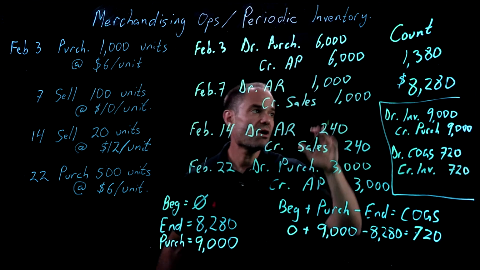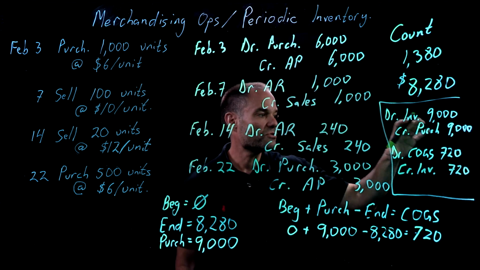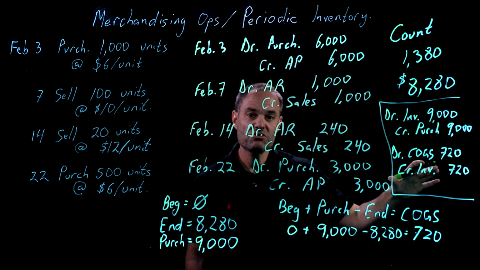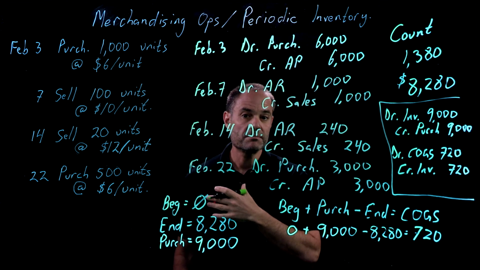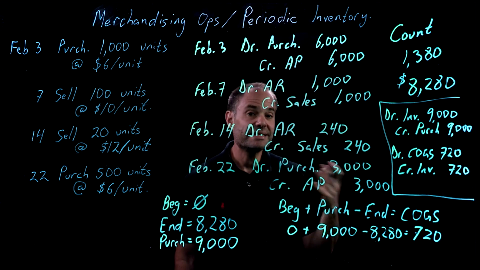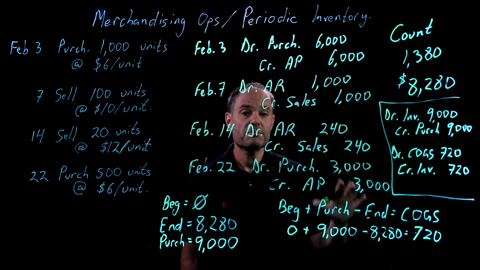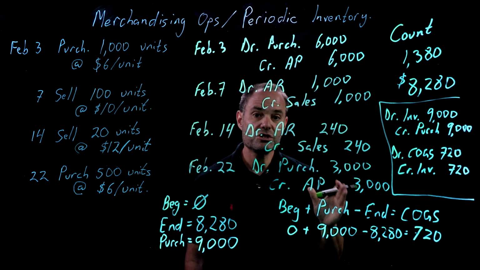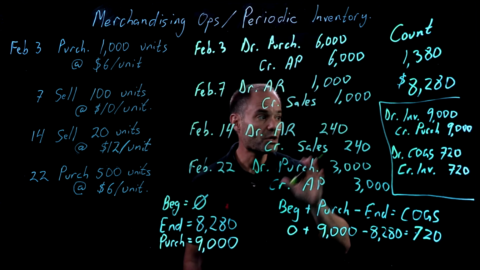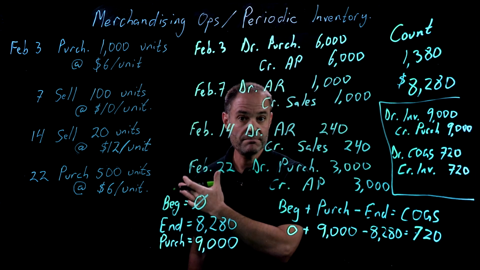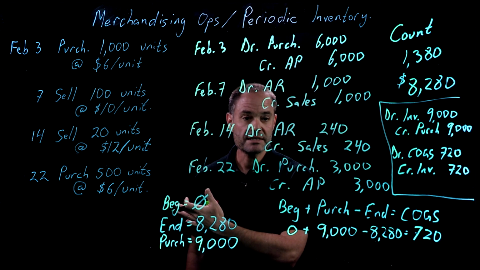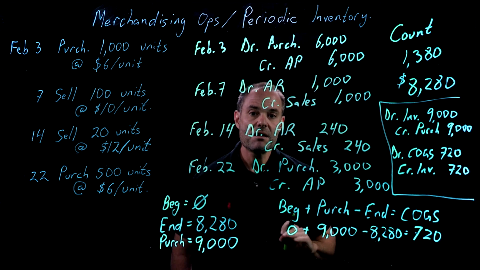And if you go through the process, and I'll leave that to you, do T accounts for these transactions, as well as the ones from the previous video, you'll find we get to the exact same place. We have the same number of sales, the same cost of goods sold, and the same ending inventory. The only difference is that in the perpetual inventory system, we were keeping track of it as we went.